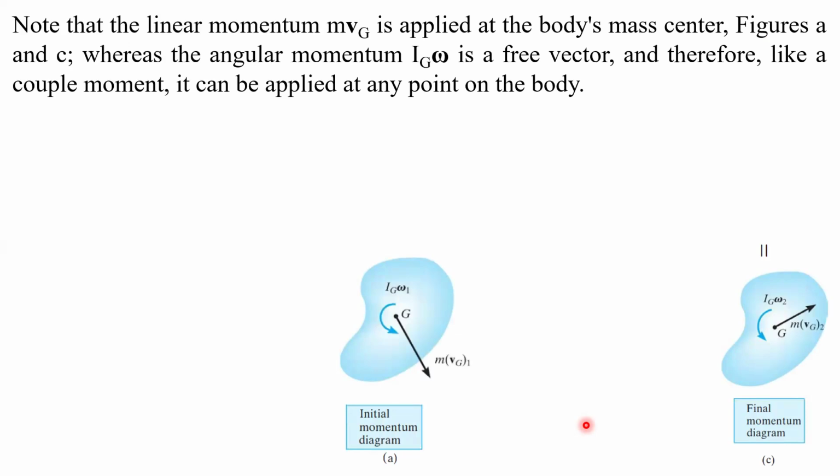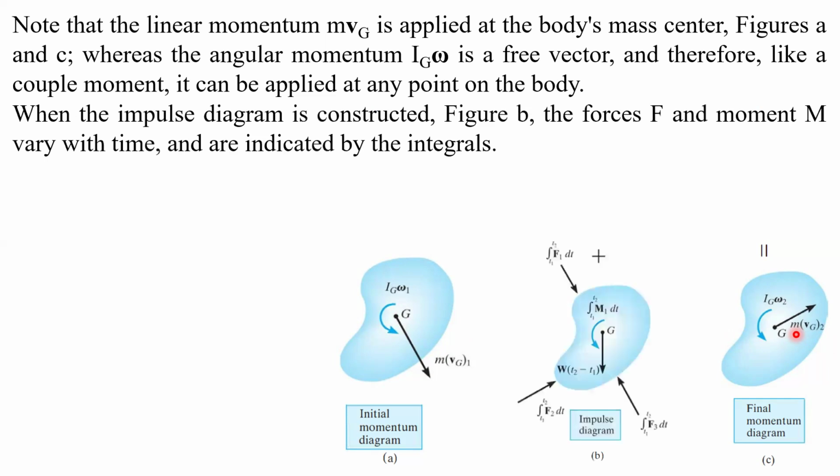Now, the linear momentum, m v_G, is applied at the body's mass center, as in figures A and C, whereas the angular momentum I_G omega is a free vector, and therefore, like a couple moment, it can be applied at any point on the body.